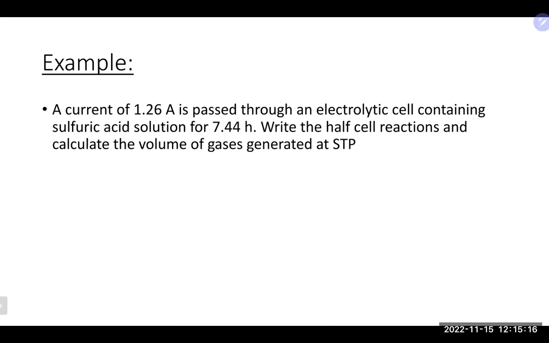In the case where we left off, this is really the electrolysis of water. So we're looking for some volumes of each of the gases, which for water would be the oxygen gas and the hydrogen gas.